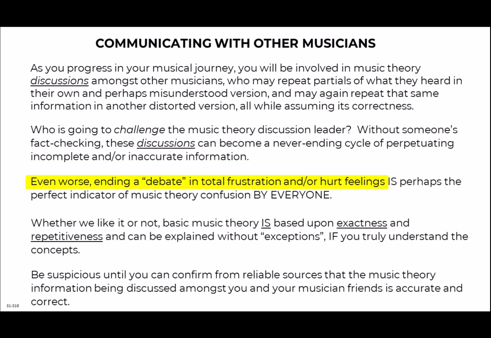Even worse, ending a musician debate in total frustration and/or hurt feelings is perhaps the perfect indicator of music theory confusion by everyone. Whether we like it or not, basic music theory is based upon exactness and repetitiveness and can be explained without exceptions if you truly understand the concepts.